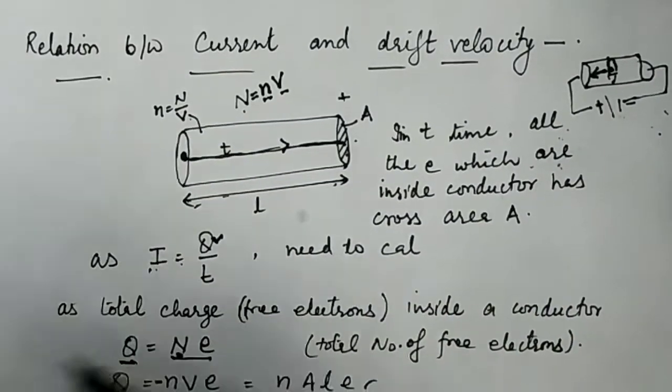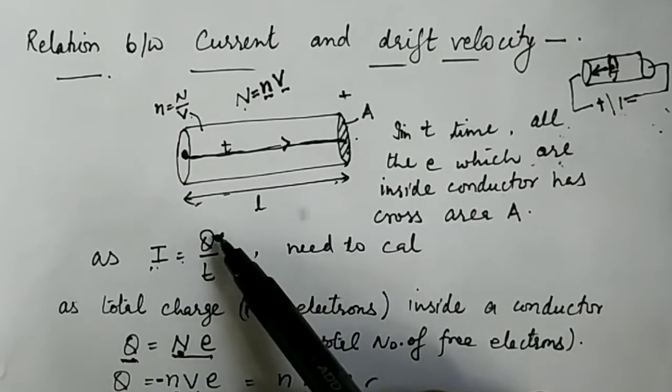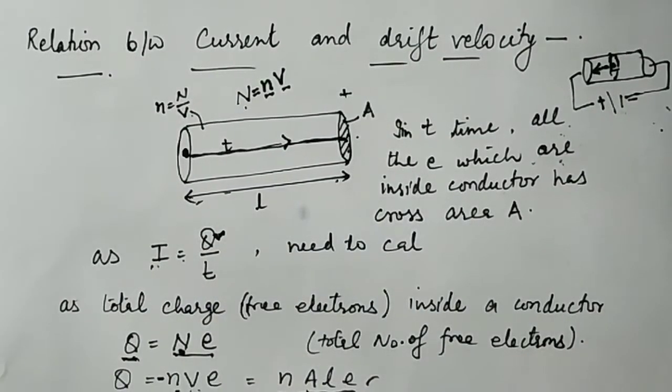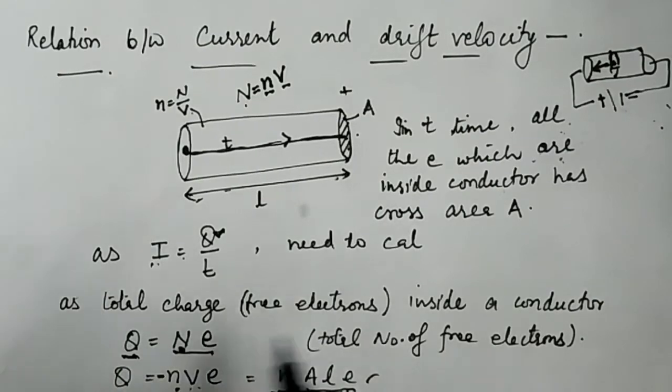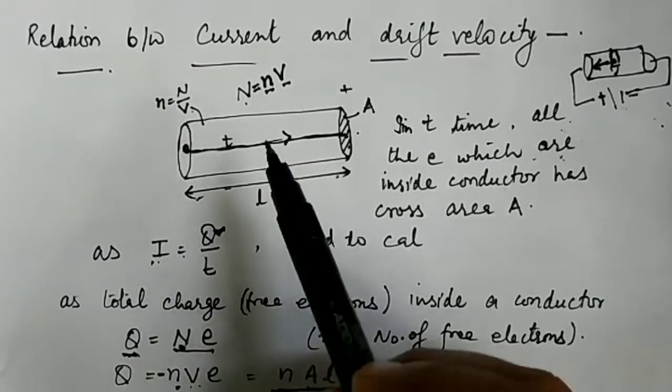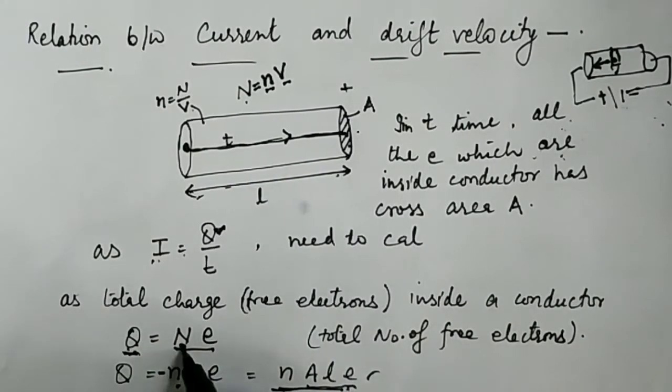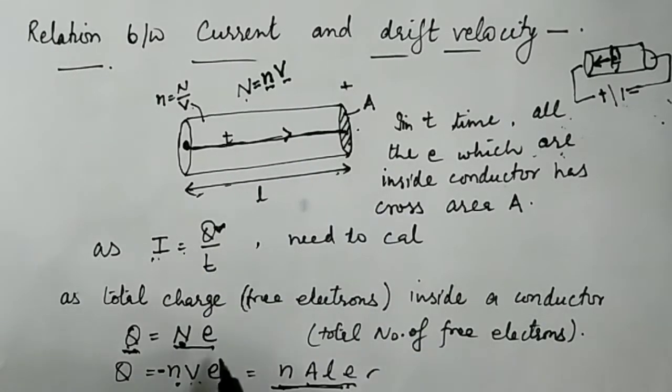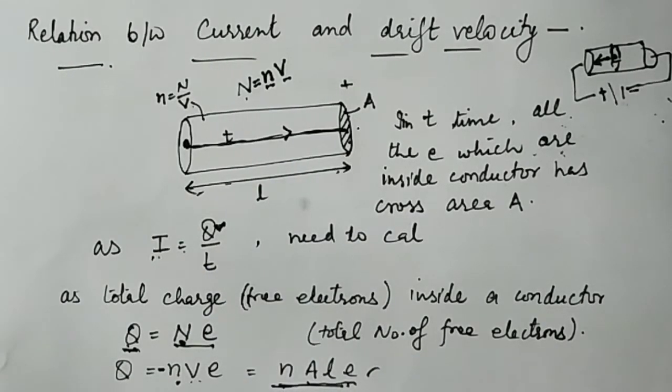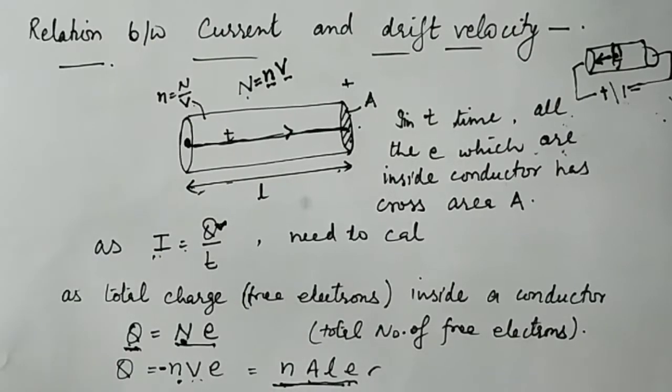Now to calculate the current, we should calculate the total charge. The total charge inside a conductor is equal to the total number of free electrons into the charge of each electron, that is e.